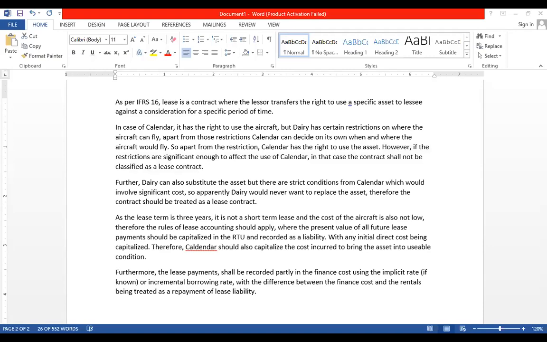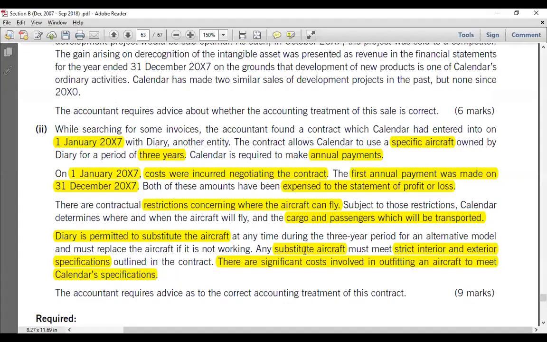Okay, so here's the snapshot of the question as well. You can take the snapshot of the question.